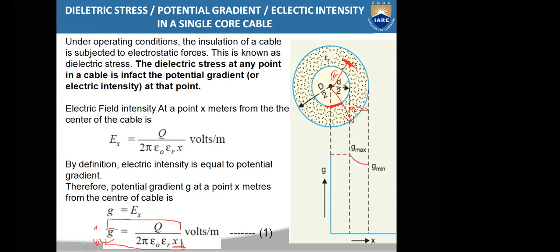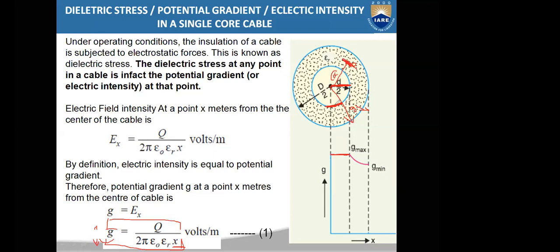Inside the conductor, you will always have constant electrostatic forces, so from the center to the surface of the conductor you have a constant potential gradient or dielectric forces.